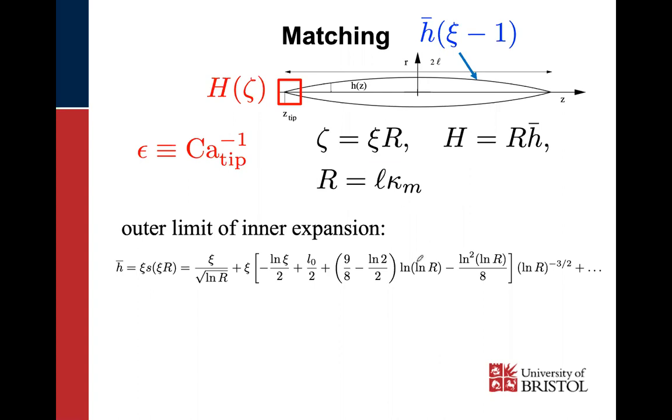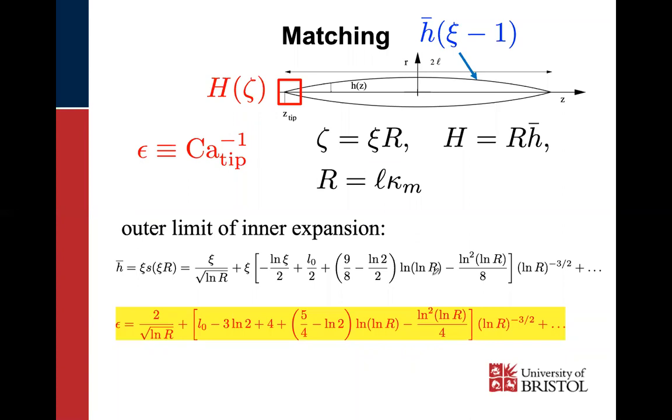And so comparing this to the inner limit I've just shown you, the question is, can I choose R such that it matches the outer solution? And that's possible. So if I choose epsilon, which is the capillary number at the tip, to depend on R in this way here, the two solutions turn identical. So they match exactly term for term, and that's non-trivial.